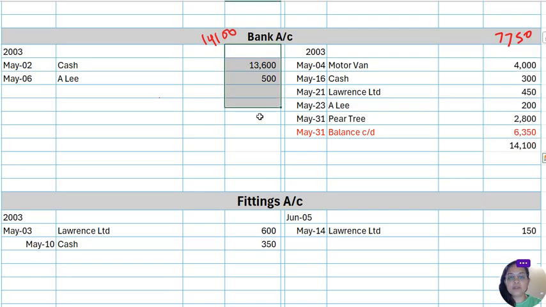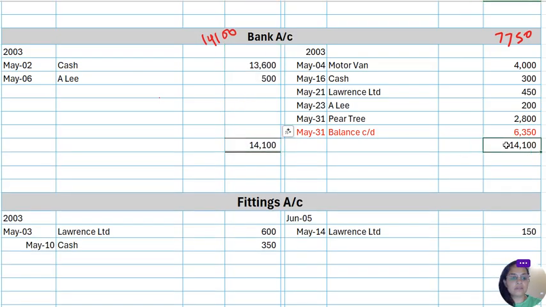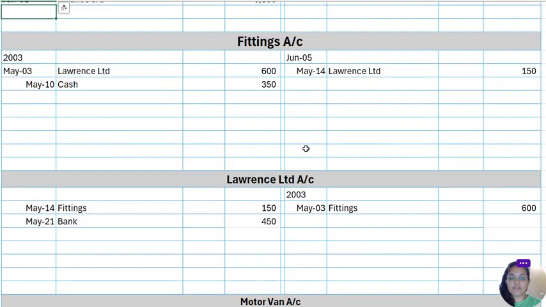When you total both sides, it's supposed to be equal, and you put the equal sign once again, and bring down your balance on the opposite side, which is the debit side here again. On the first day of the following month, your balance brought down will be the balance you carried down, which is 6,350.